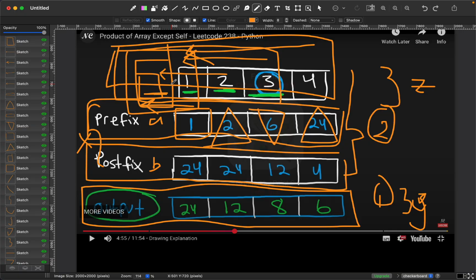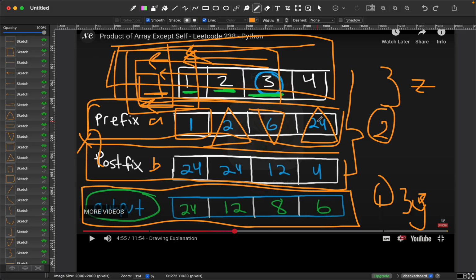So this 2 value is 1 times 1 times 2 equals 2. And for this third slot, it's basically the byproduct of 3 onwards, which includes this imaginary one as well. 1 times 1, 1, 1 times 2, 2, 2 times 3, 6. That's why it's 6.